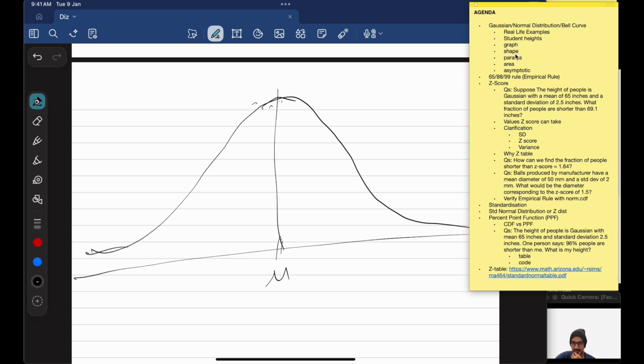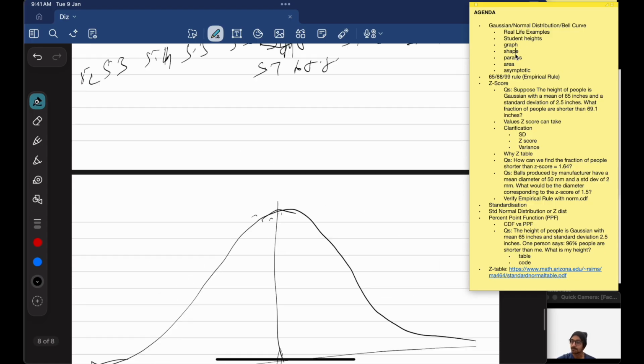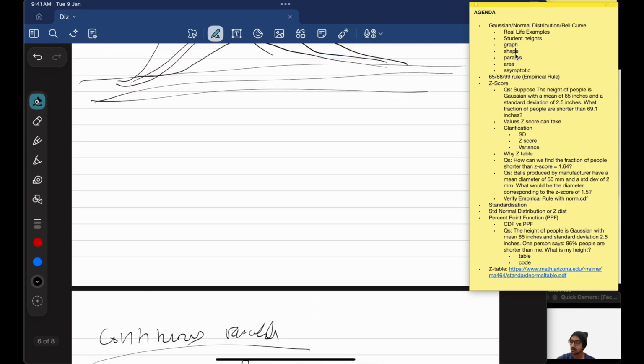The shape is dictated primarily by the mean and the standard deviation, sigma. There are an infinite number of normal distributions.